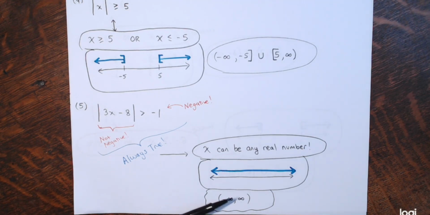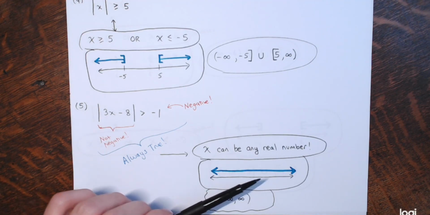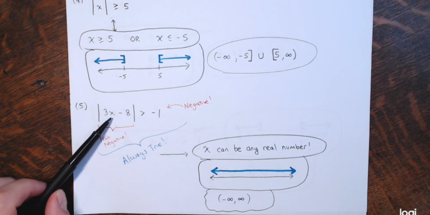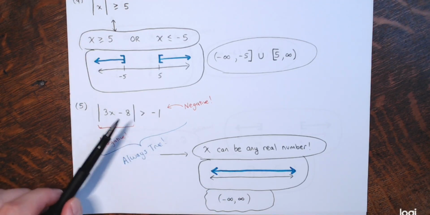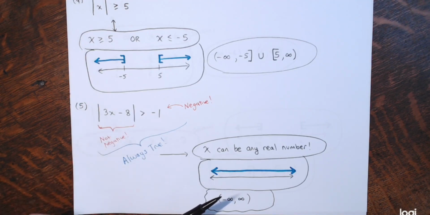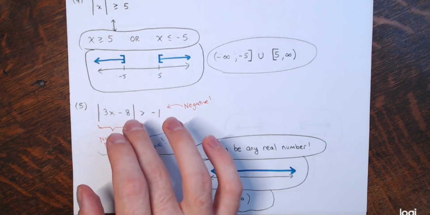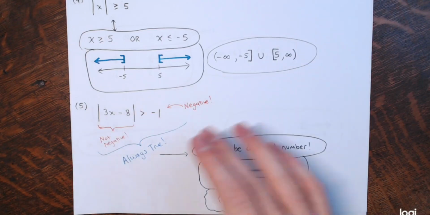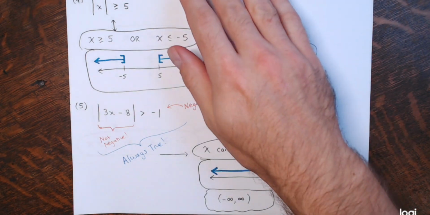Go ahead and try it out. Pick any number you want and replace x with it. And the left side will be greater than -1 after you take the absolute value and everything. It'll always be true. All right, so yeah, if you isolate the absolute value and you have is greater than a negative, it's easy. All real numbers will work. Don't have to do anything more than that.